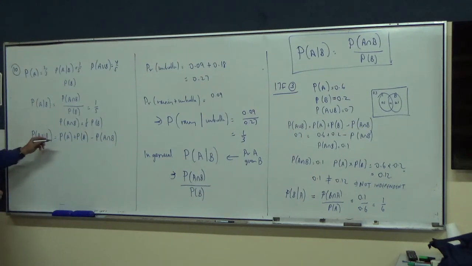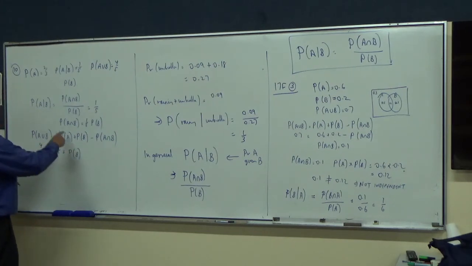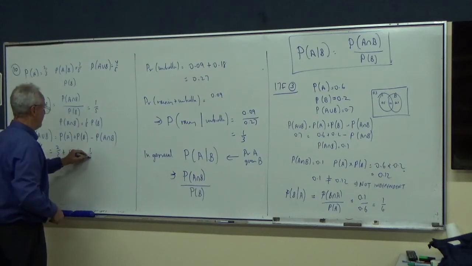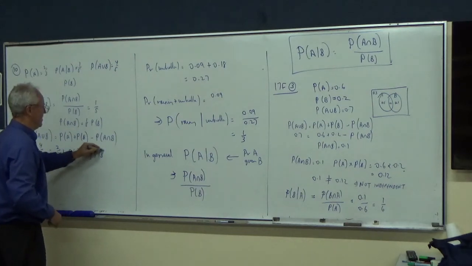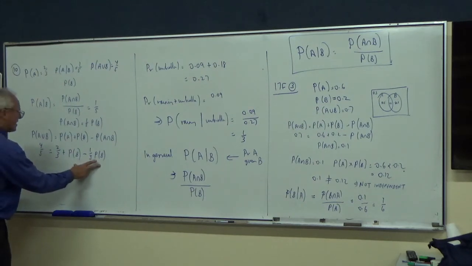So the probability of A union B, I know the A union B, so 4/5 equals the probability of A is 2/3 plus the probability of B, that's what I want to find, minus 1/5 of the probability of B. So I've got one unknown.